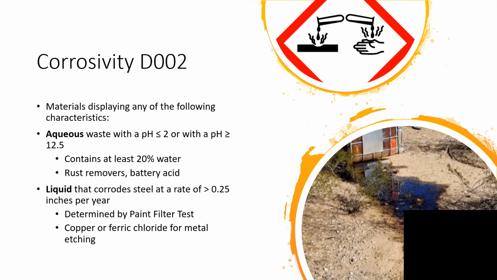This can be determined through a paint filter test or even a copper or ferric chloride test for metal etching. This picture was taken from another hazardous waste inspection where you can see this container had corroded and was now leaking hazardous waste into the soil.